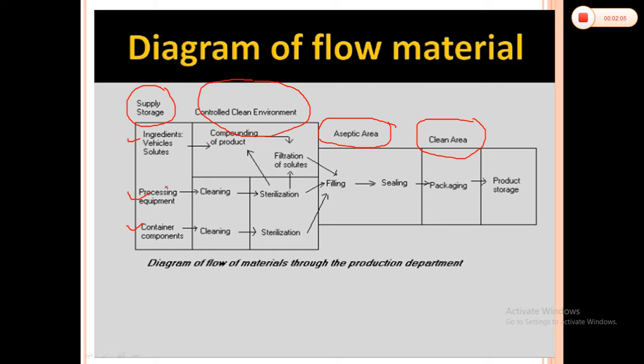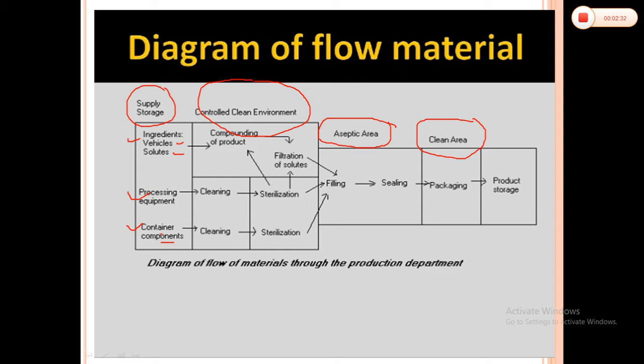In the initial step, the formula ingredients like vehicles, solute molecules, and other additives are there. Along with that, the container components are there, like if you're using vials or ampoules, whether plastic materials or glass materials, and some processing equipments.